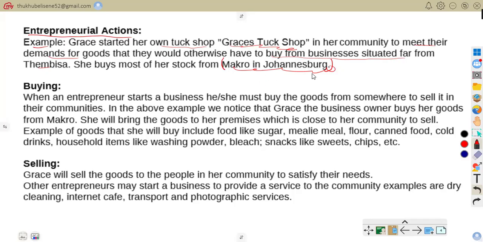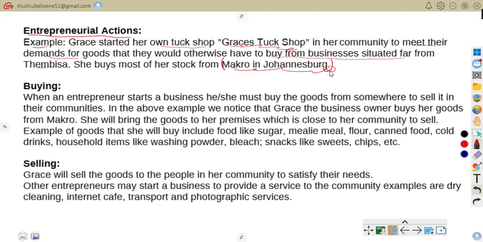We are told that otherwise they were going to buy from Johannesburg, which is far from Tembisa where they are staying.